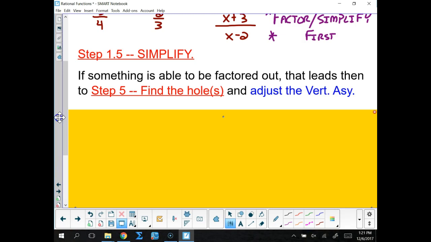Common factors lead to holes, but it also makes us go back a step and we have to adjust the vertical asymptotes. And I'll show you what this all means here in example number 10.